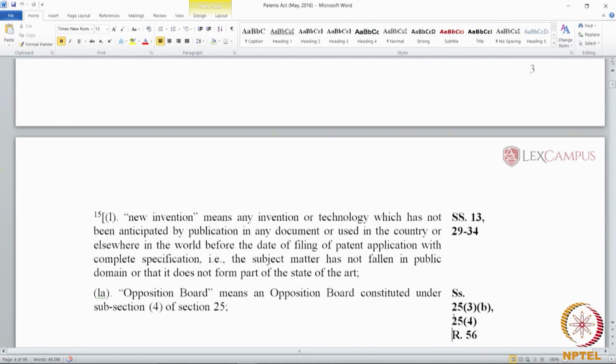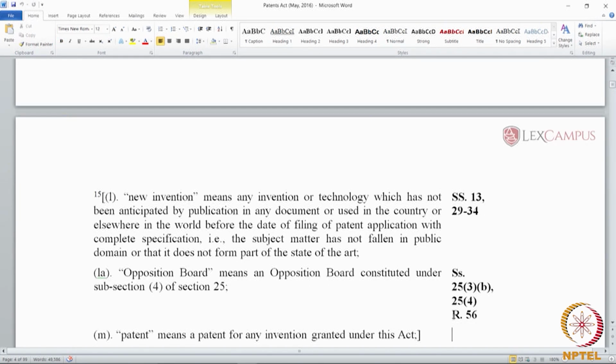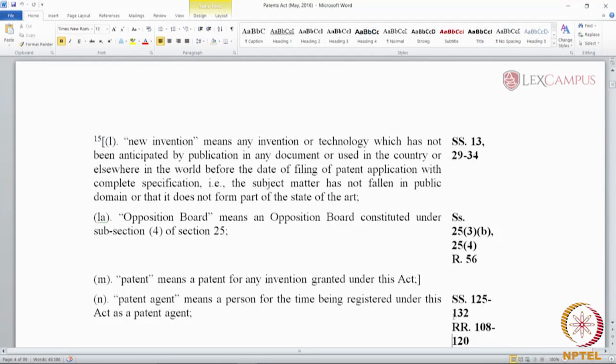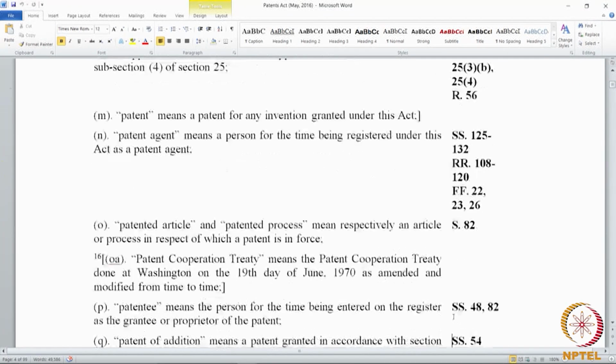So, that is an exceptional thing, but I just thought I should bring it to your notice. Normally you will expect this to be used somewhere, but the Patents Act has an instance where it has defined a word which has not been used anywhere.